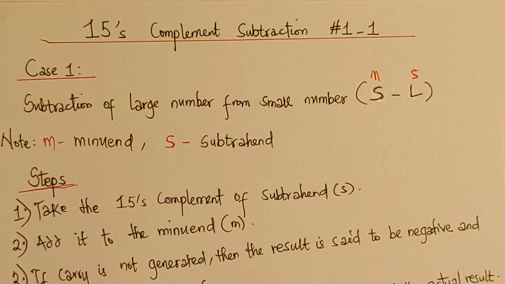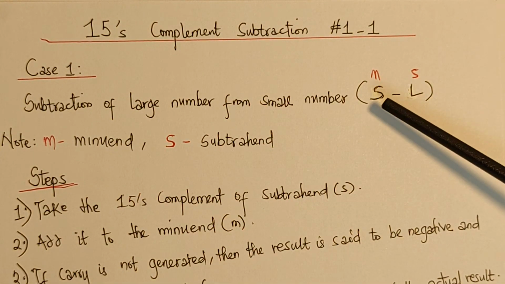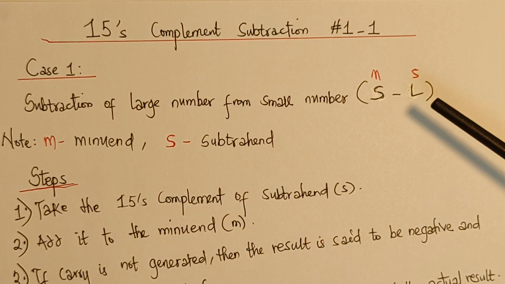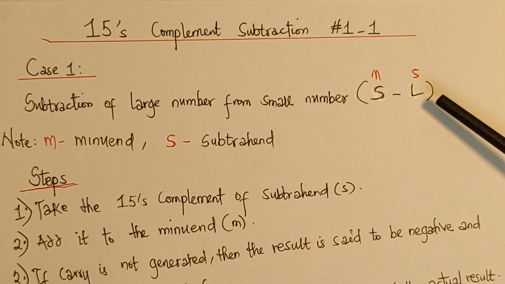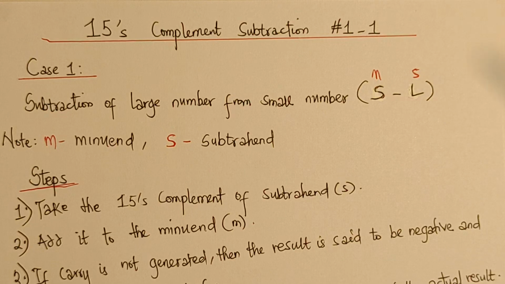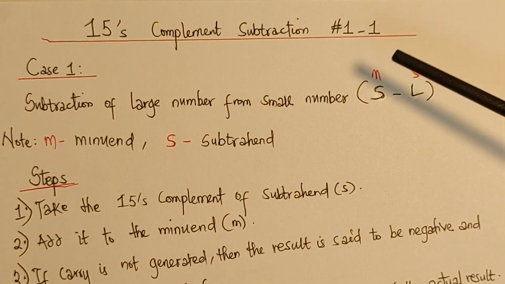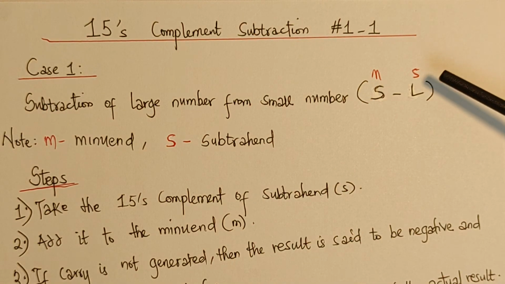When I talk about case 1, I want to talk about the subtraction of a large number from a small number. The small number is represented as S, while the large number is represented as L. So with that, we have the minuend and the subtrahend.